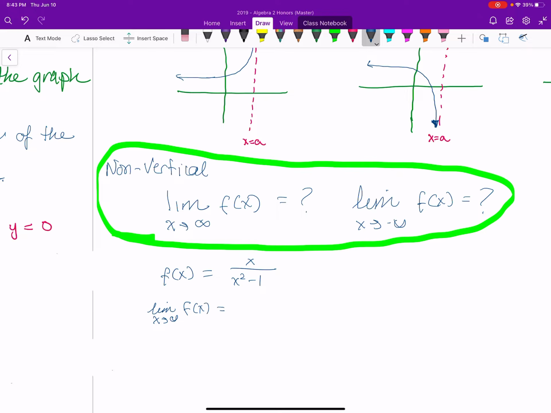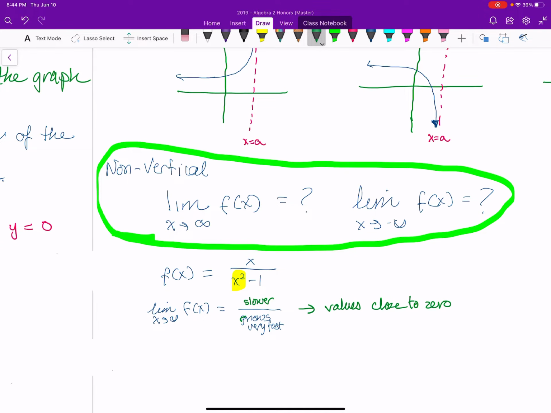If x gets very, very big, the x squared in the denominator grows very fast because of the higher degree. It grows very fast compared to everything else, and the numerator is slower. So when the denominator is very, very big compared to the numerator, I'm dividing a very small number by a very big number, and we're going to get values close to 0.